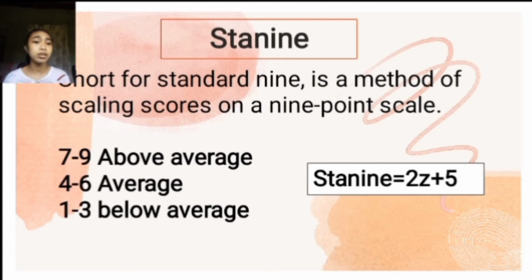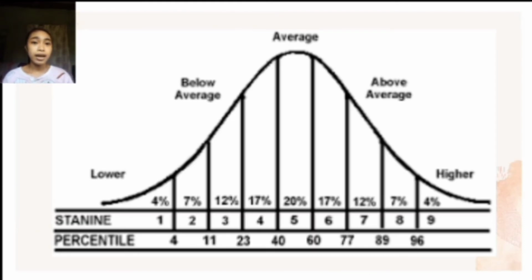As you can see on your screen, there is a formula for this stanine. Here I have a chart of a normal curve. If the stanine is 1 to 3, it is below average; if it is 4 to 6, it is average; and if it is 7 to 9, it is above average.